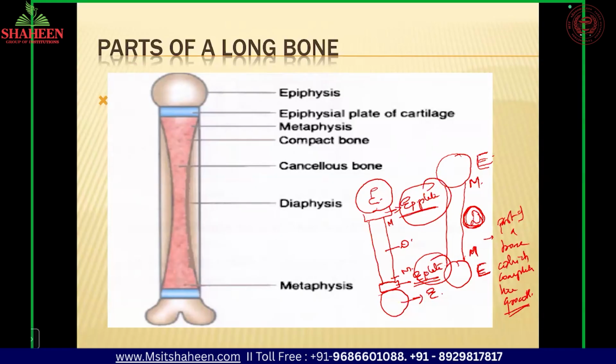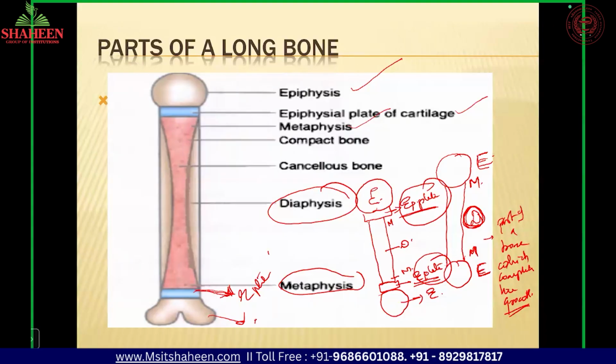So the epiphyseal plate is seen only in the bone which is continuing its development or growth. Here you can see that this is the epiphysis. This is the epiphyseal plate of cartilage, the metaphysis, and this is the diaphysis. Again the metaphysis, and this is the epiphyseal plate, and this is the epiphysis.